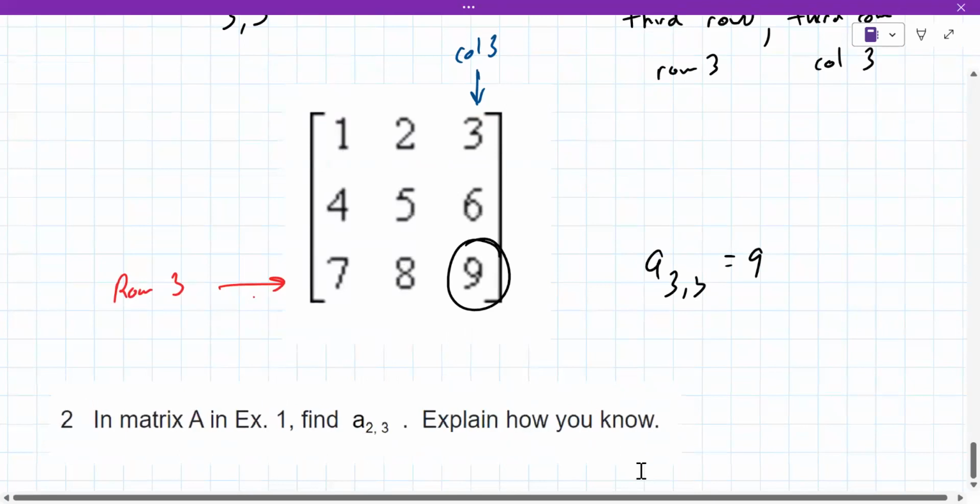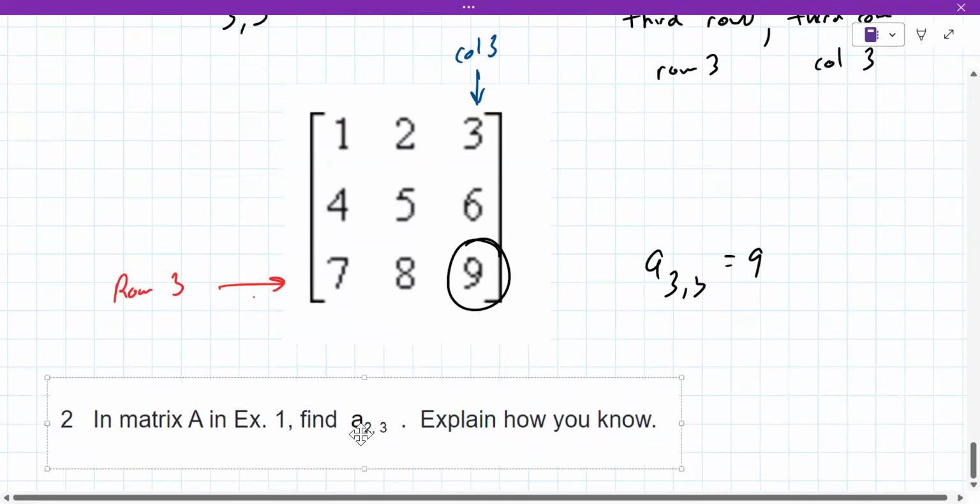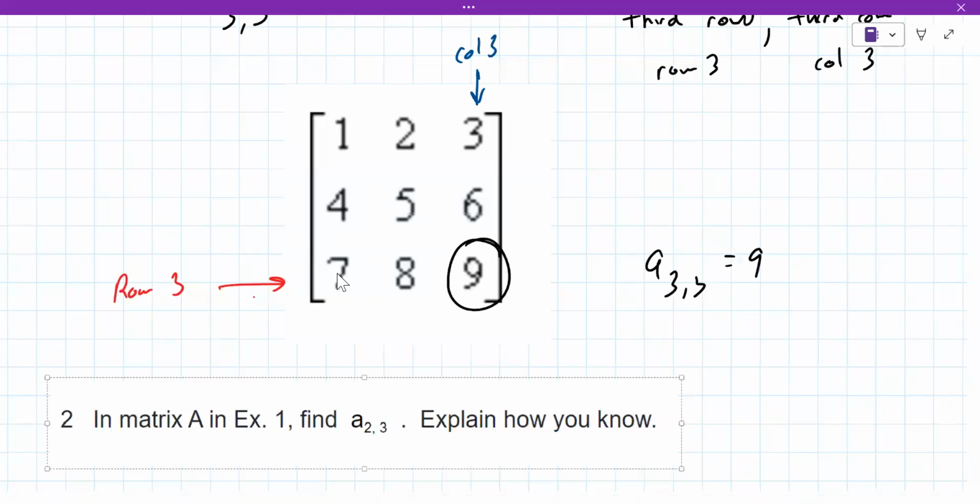It says, all right, what is A2,3? So give that a try, please. What does the 2 mean? What does the 3 mean? And it's the same matrix. So it would be 8, right?